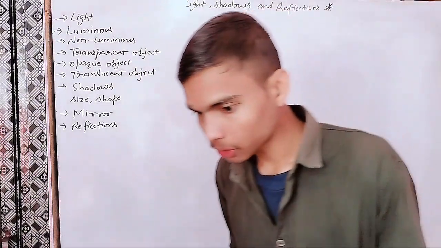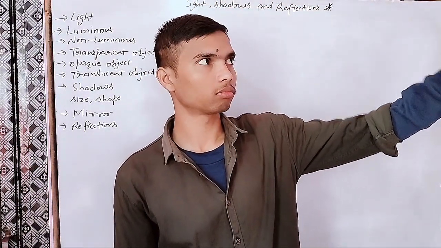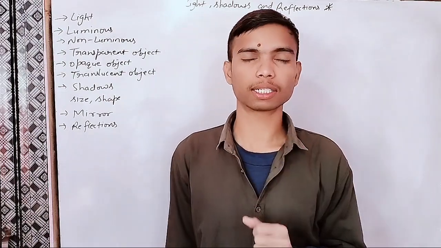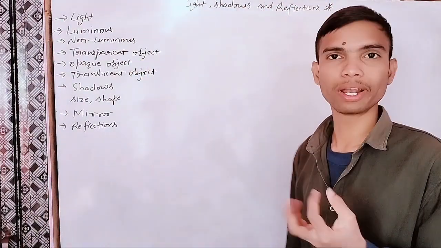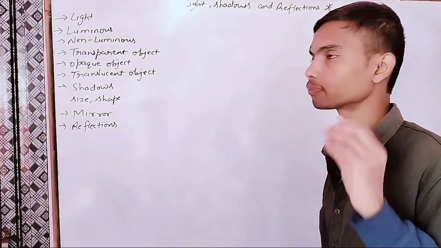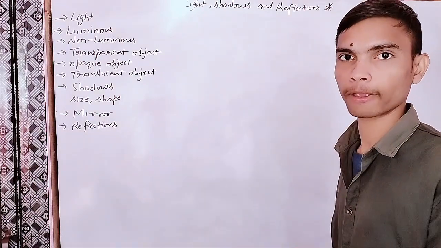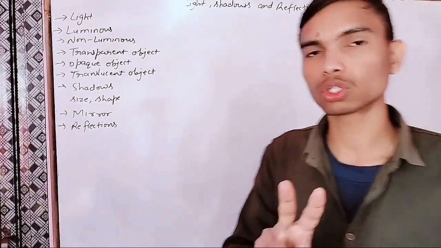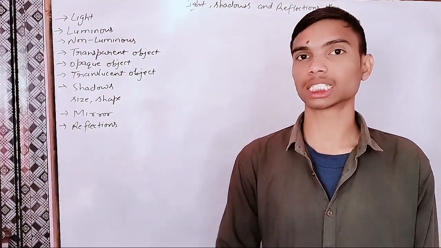So first of all, this is object, and the second thing is source light. Source light is which will emit light. Source light will emit its own light. Clear? So here two things should be compulsory to see the object: first of all, source light, and second, object.